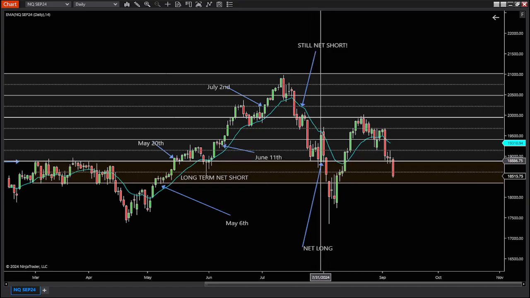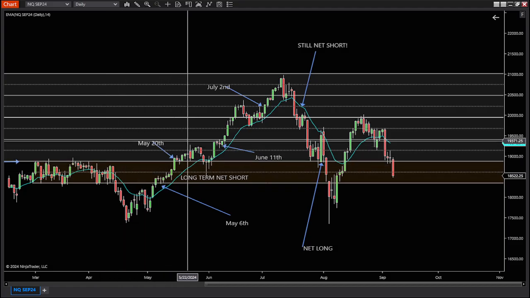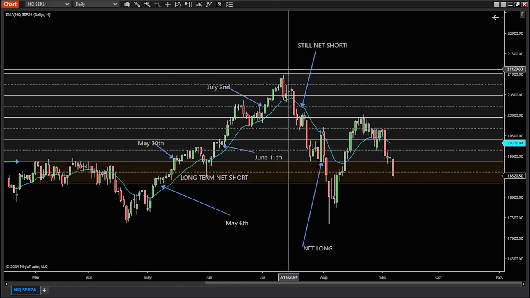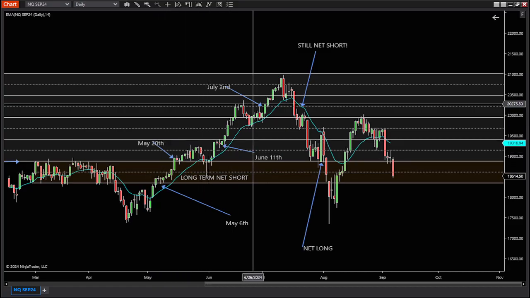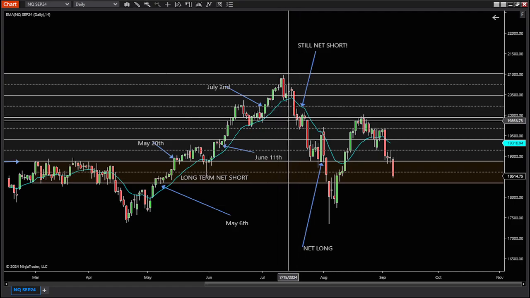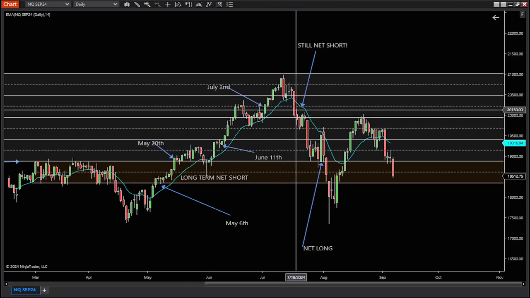Right here, they became long. So they're short. They keep adding shorts all the way up. Their average price in their shorts, if they took shorts here, and let's say they just added at every time, their average is going to be somewhere in this middle.